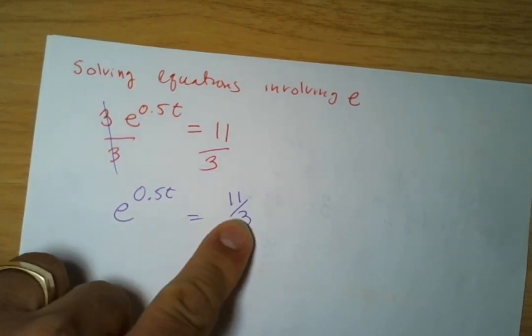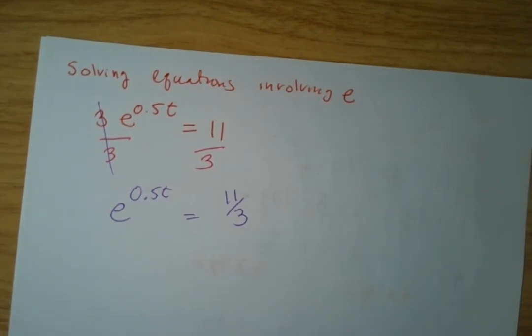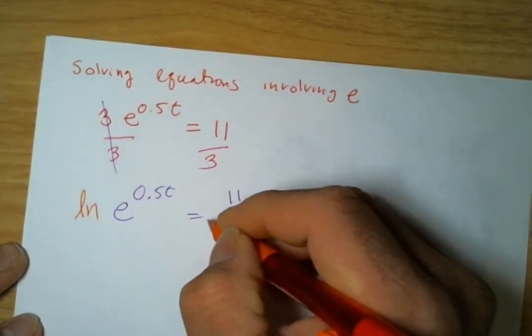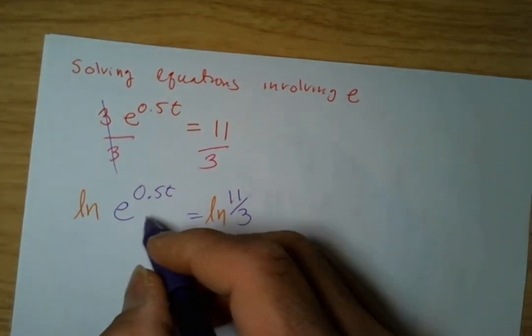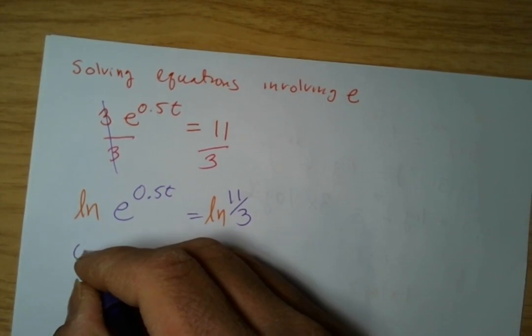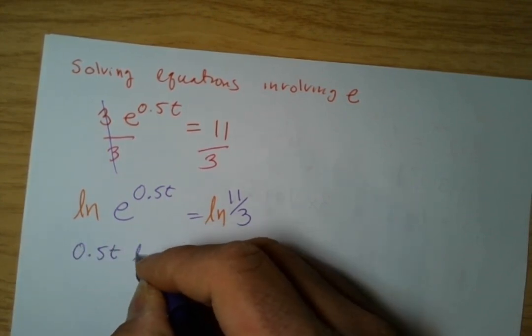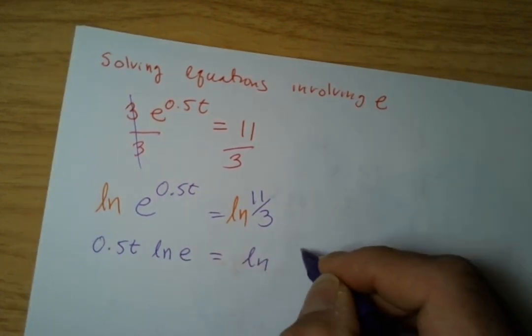Now for something like this, we have e to the 0.5t. So instead of taking the common logarithm, I'm going to take the natural logarithm on both sides. Using the power rule, this 0.5t becomes the coefficient of the natural log, and here we have ln of 11 over 3.